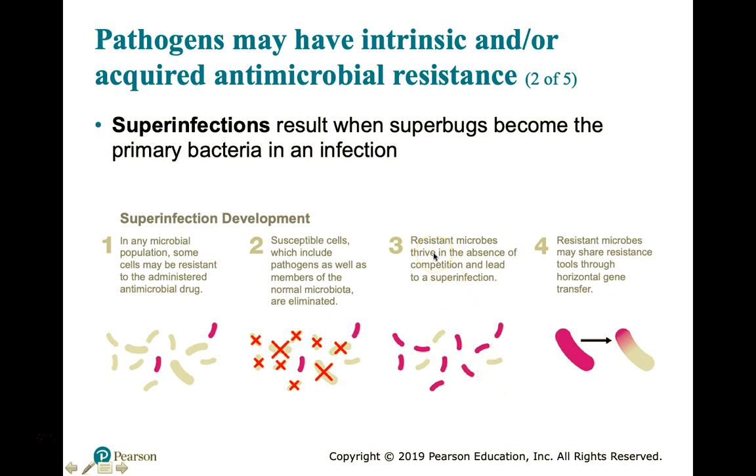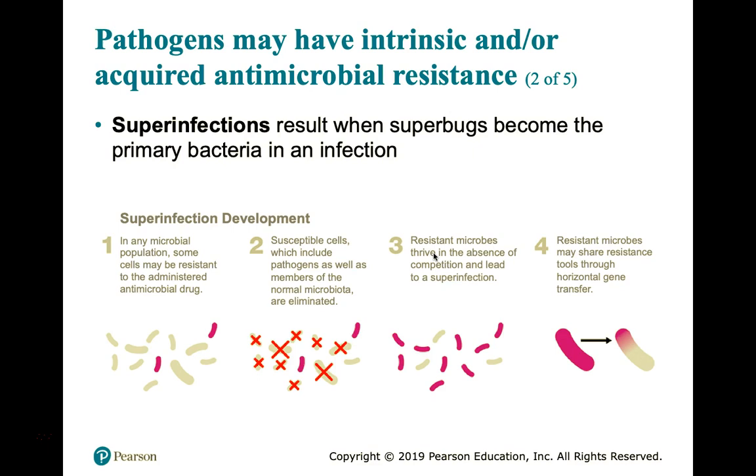And then the population of the resistant pathogens, well, since they're some of the only ones left, that number is going to increase. Right, that number is going to go up, and then all of a sudden you have a population that's all resistant to antibiotics. And we actually talked about this early in the semester.